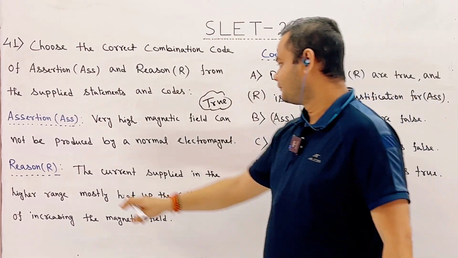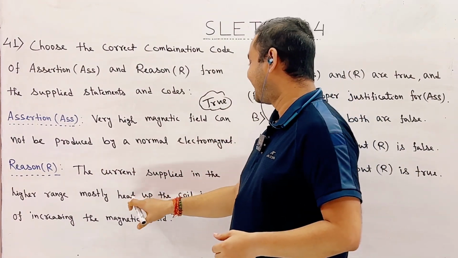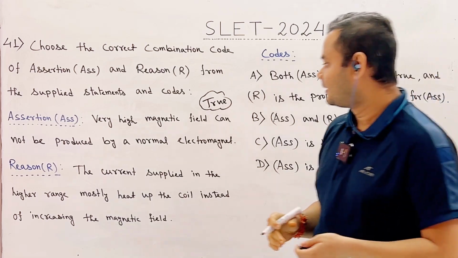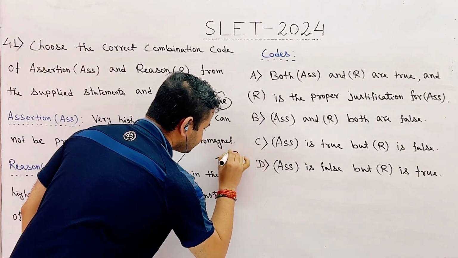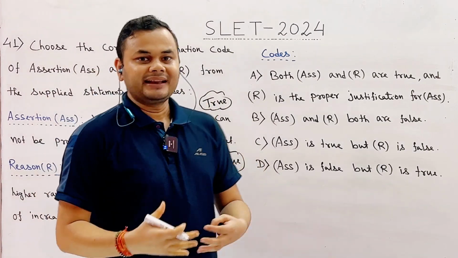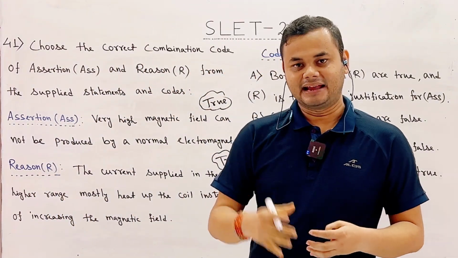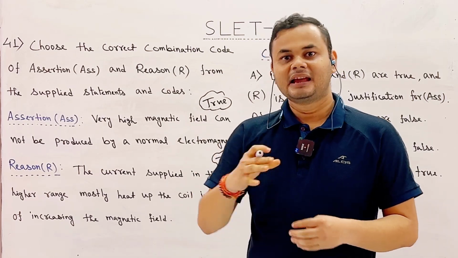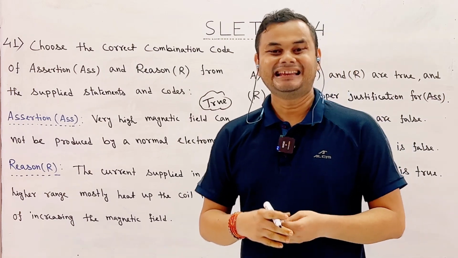Next, reason. The current supplied in the higher range mostly heat up the coil instead of increasing the magnetic field. This statement is also true. When a high current is supplied to an electromagnet, then the coil heats up significantly due to Joule effect. This can limit the magnetic field strength that can be practically achieved.